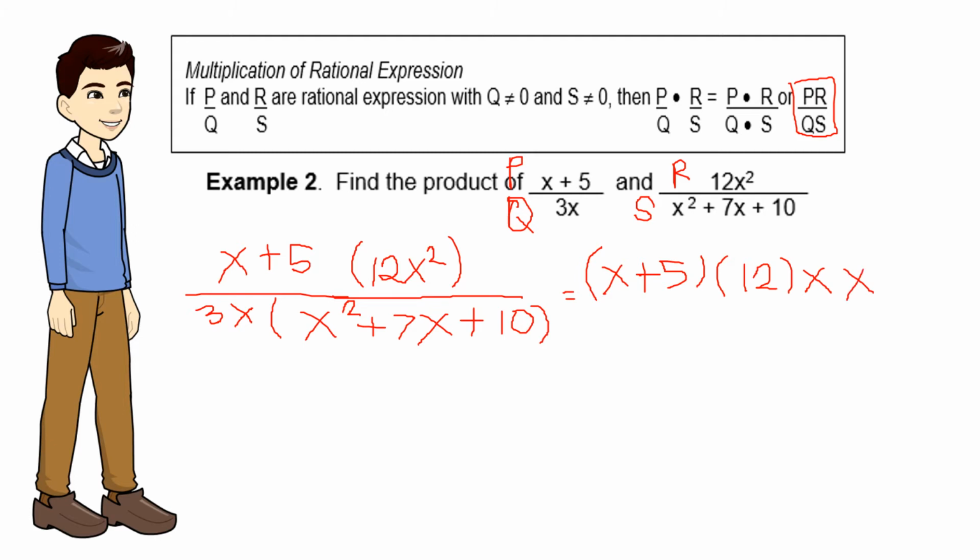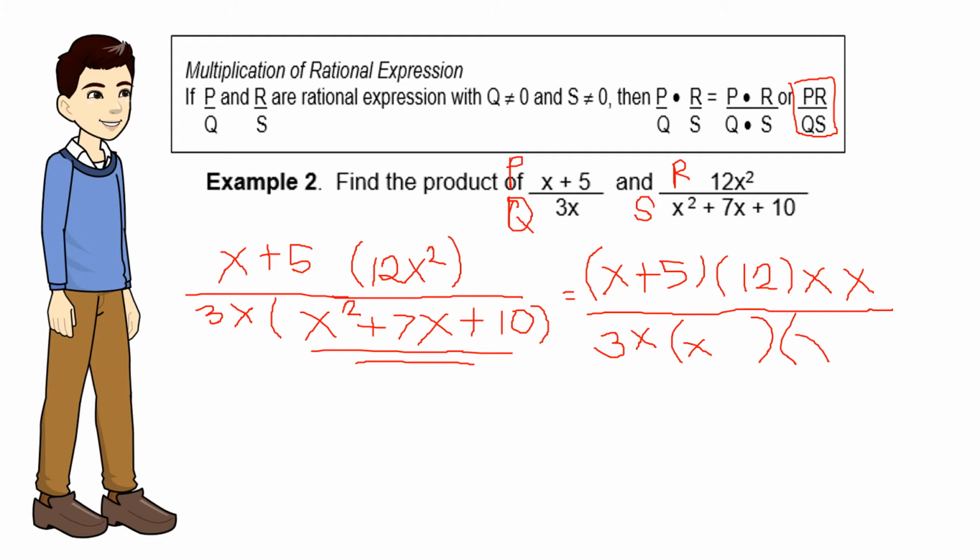Then 12 natin, pwede na natin hindi siya i-factor na 4 times 3 or 12 times 1 or 6 times 2. Okay lang naman yan. Okay, so denominator, 3x. And then yung factor ng ating trinomial, gagamit tayo ng 2 open and close parentheses, x.